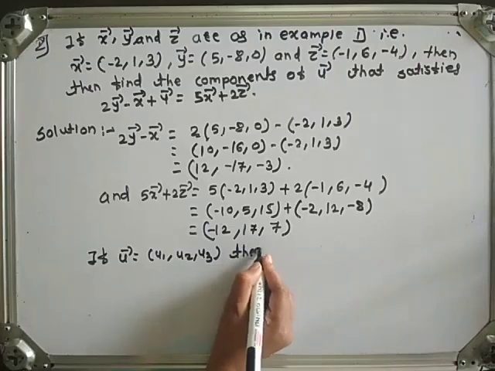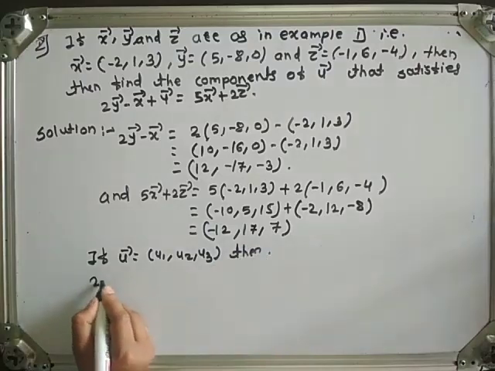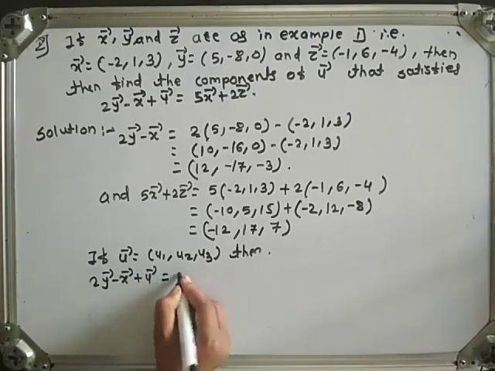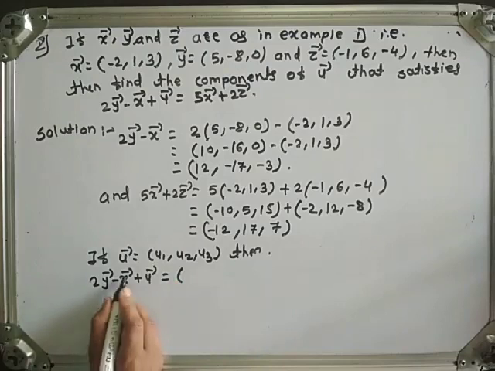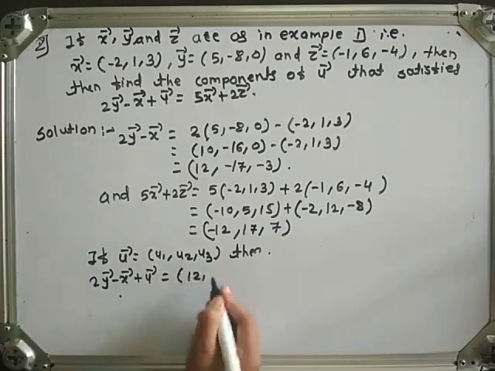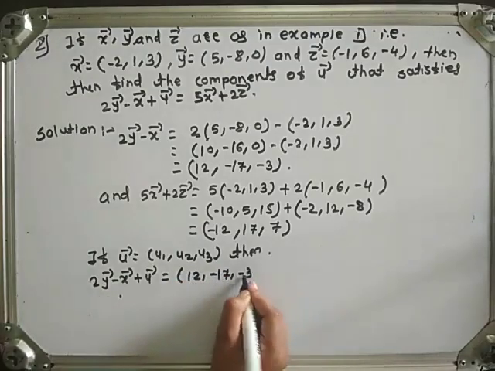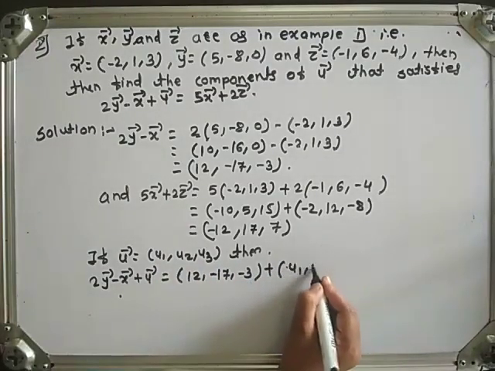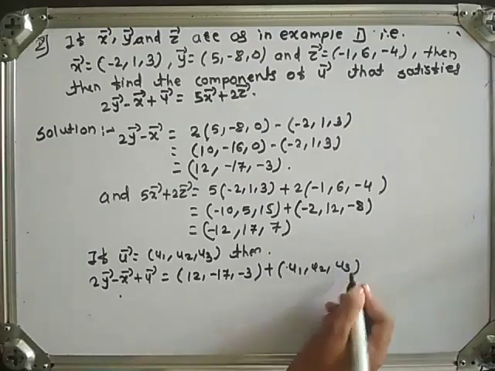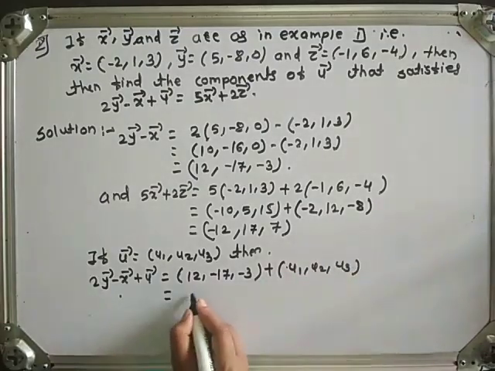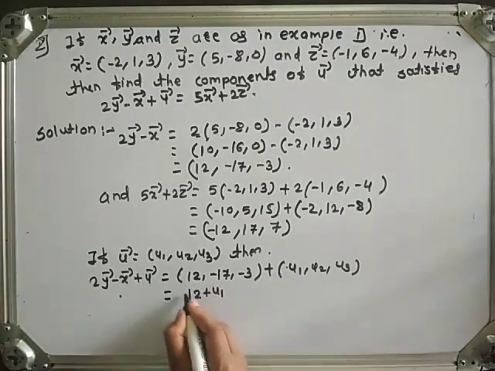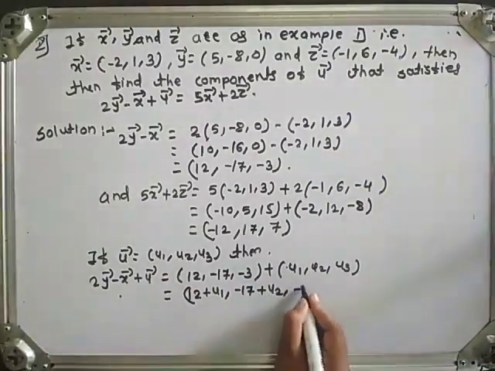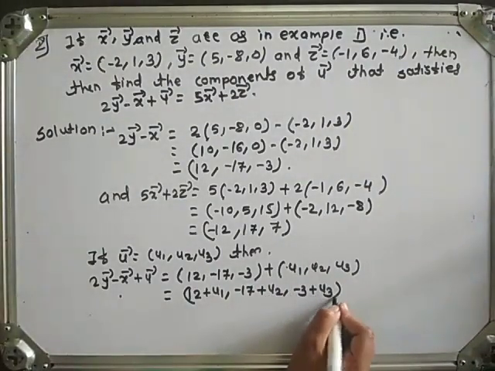Then 2y bar minus x bar plus u bar, where 2y bar minus x bar is the vector (12, -17, -3), plus u bar, which is the vector (u1, u2, u3), equals (12 plus u1, -17 plus u2, -3 plus u3).